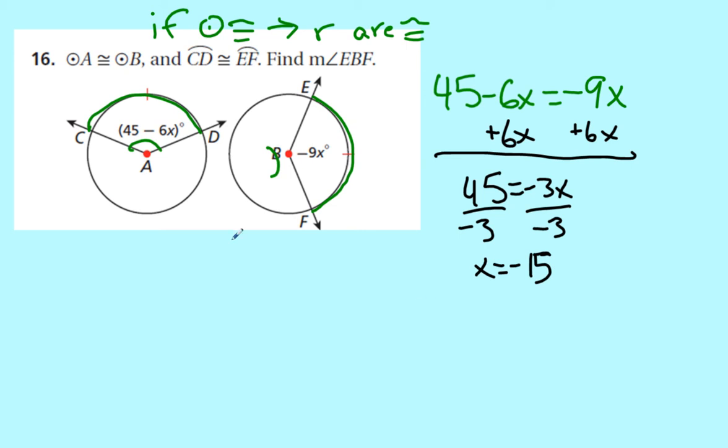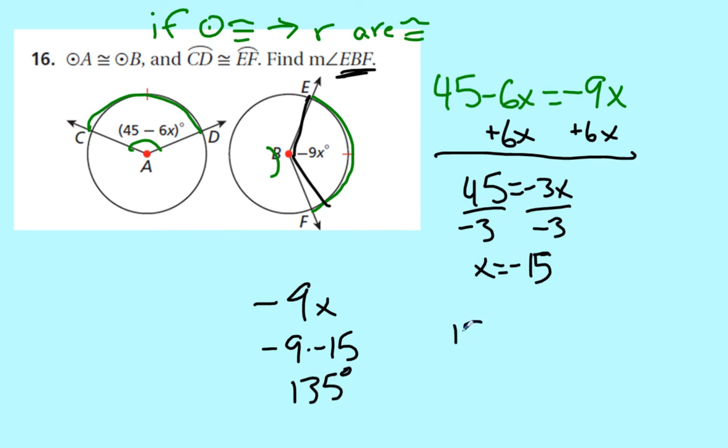Since we don't actually care what x is, we want the measure of EBF, which is this right here. If that's negative 9x, and we know x is negative 15, we can say negative 9 times negative 15 is 135 degrees.